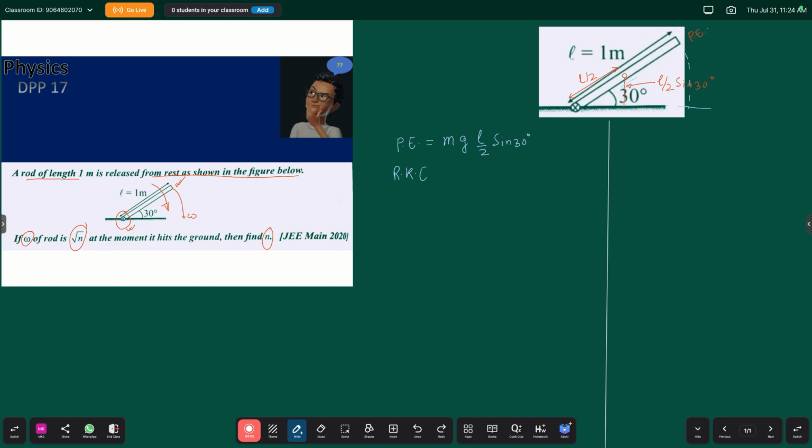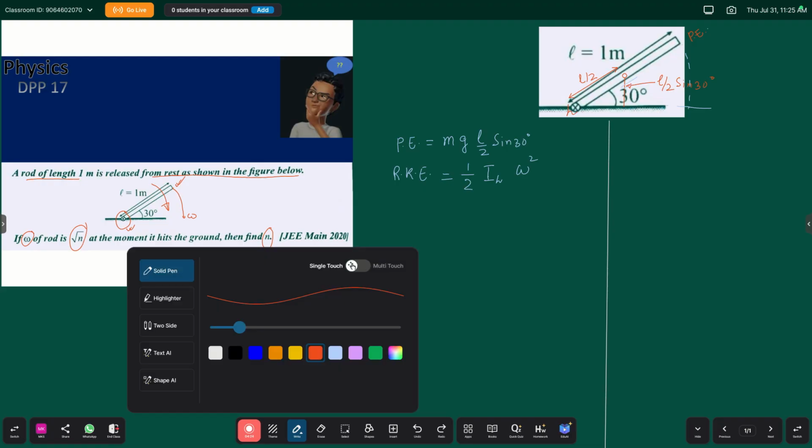Rotational kinetic energy is equal to half I about the hinge point, moment of inertia, into omega square.